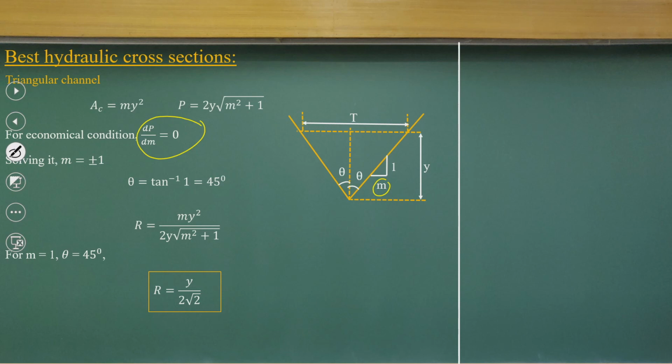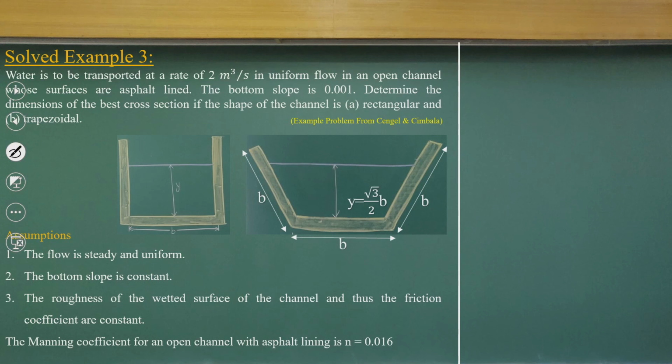So, we will get a relationship, the same way, getting the area, the perimeter, the hydraulic radius, and you look at what condition comes for dp, and theta is 45 degrees, the best condition here, okay, and m equal to 1, that is the best hydraulic cross section.